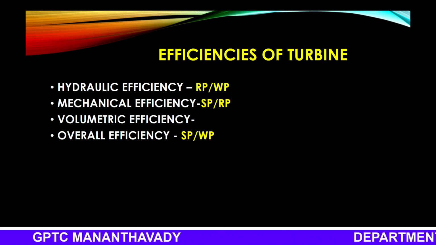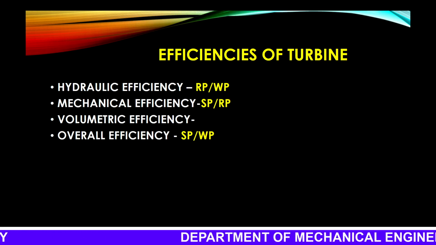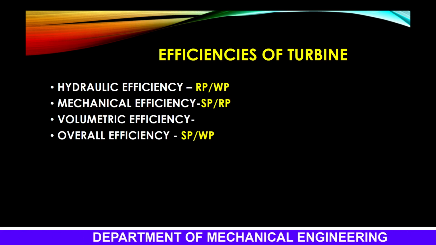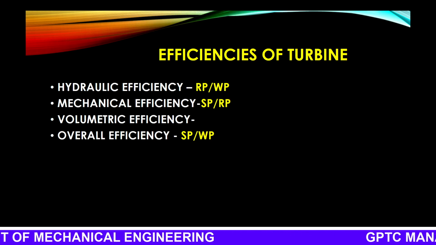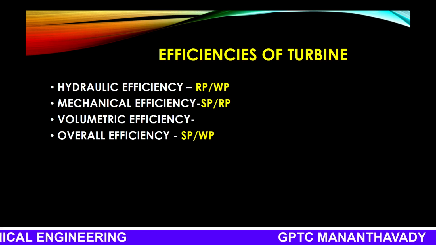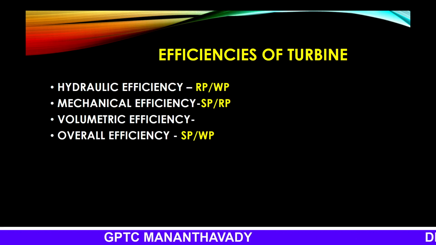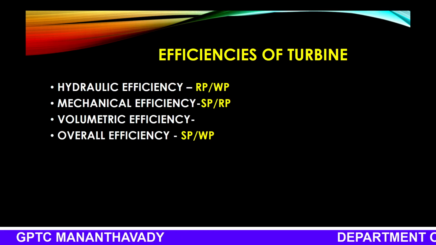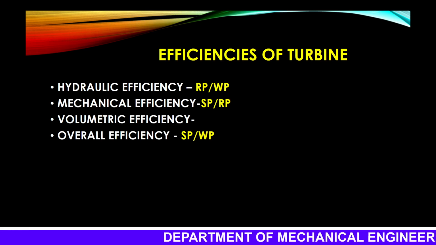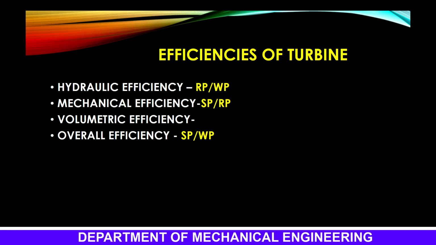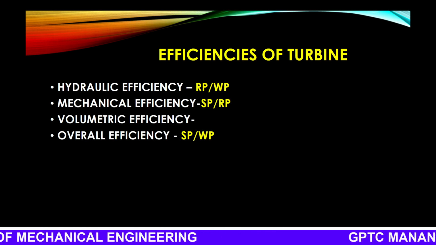And next is mechanical efficiency. Mechanical efficiency is defined as the ratio of the shaft power to the runner power. The power delivered by the water to the runner of the turbine is transmitted to the shaft of the turbine. The force exerted on the vanes rotates the rotor, and this rotation is transferred to the shaft of the turbine.